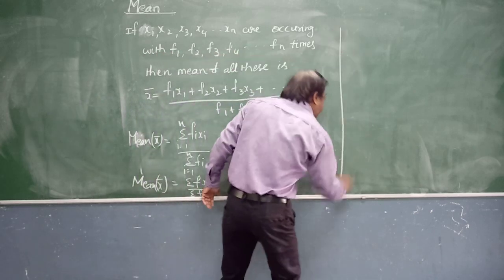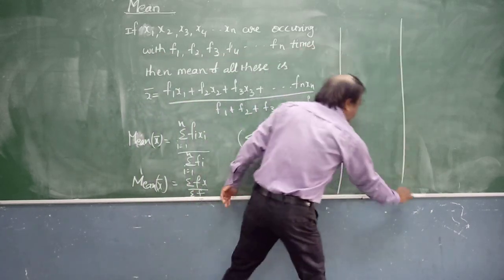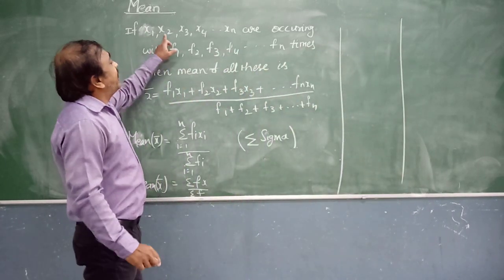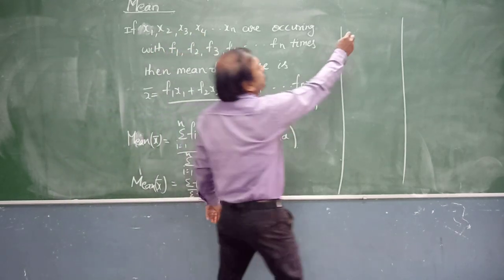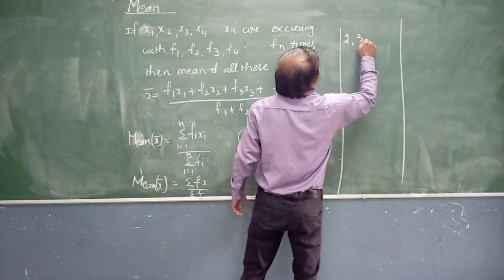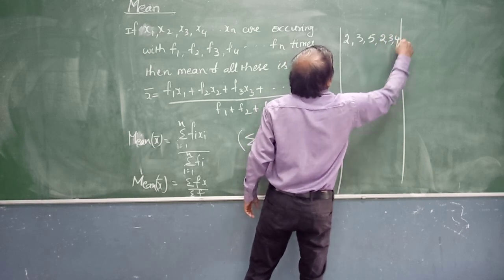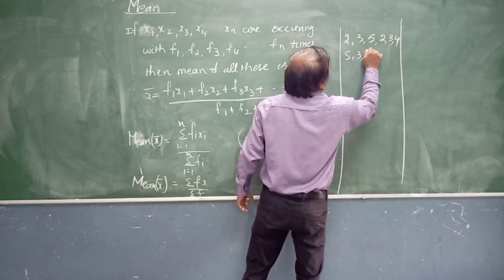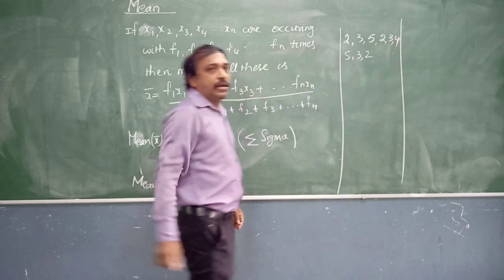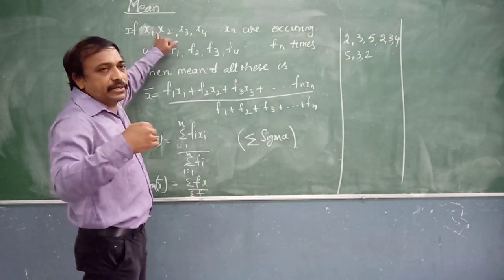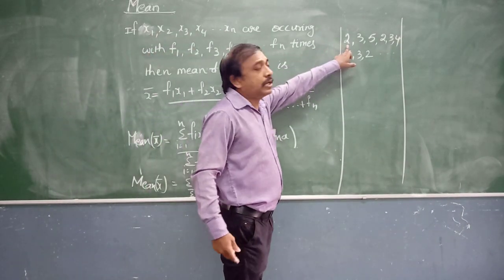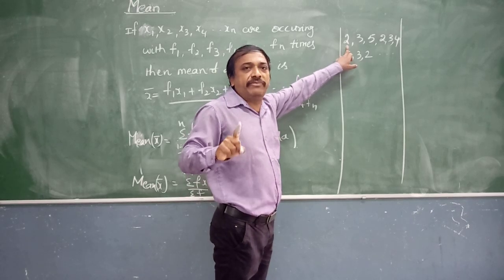Observe it, I am just giving a small example. x1, x2, x3, x4 and so on: 2, 3, 5, 2, 3, 4, 5, 3, 2 and so on. The first value x1, if you take 2, is an observation in the given data.